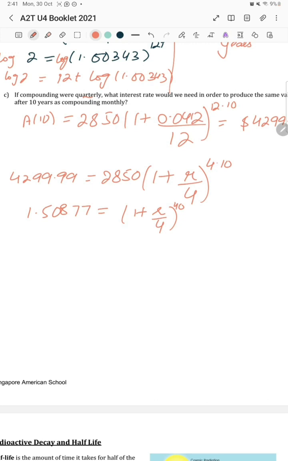So it's going to be taking log on both sides, then 40 is going to come in front. So 0.178623 is equal to 40 log of 1 plus r by 4. 40 will be divided over here.